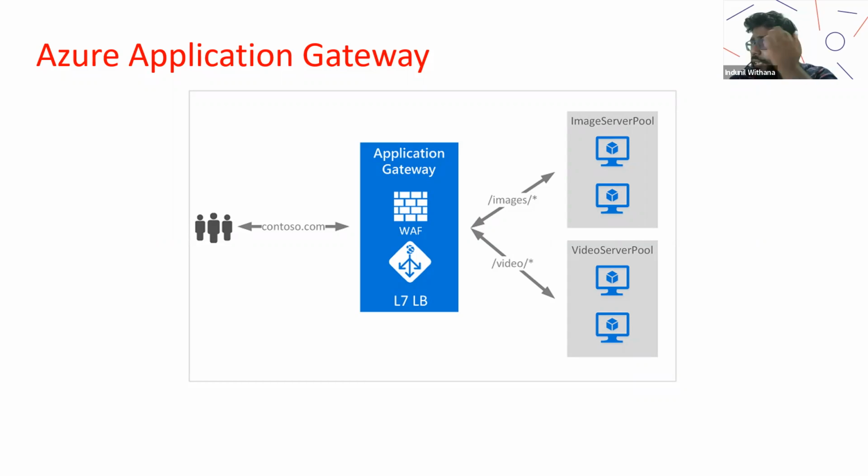So that can be configured using application gateway. Also, if there are certain applications with a CORS policy applied, those can also be overridden using these application gateways and API gateways.